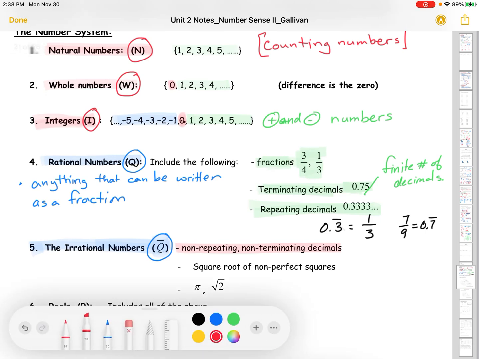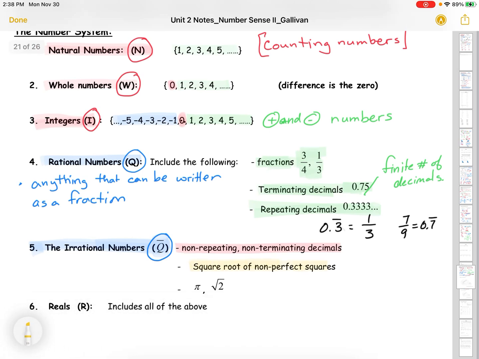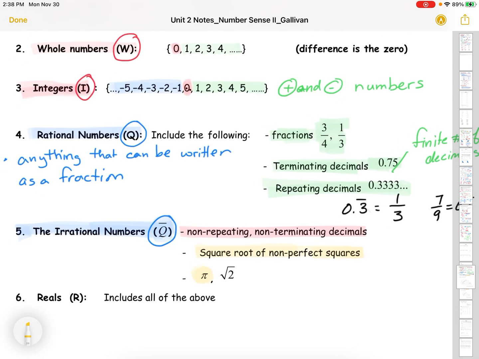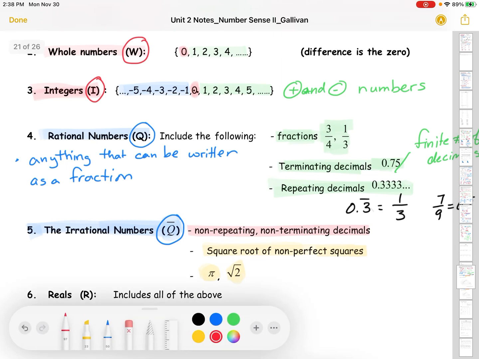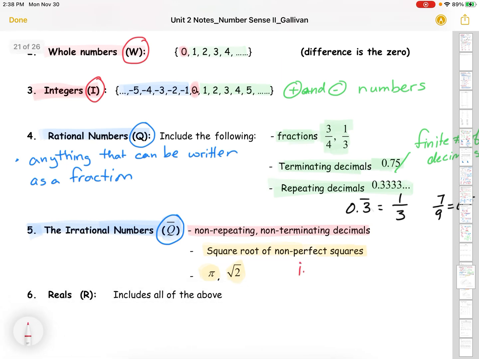So, for example, you might have square roots of non-perfect squares, or pi is our most famous irrational number, root 2. So that has an infinite number of decimals. Okay, they go on forever.